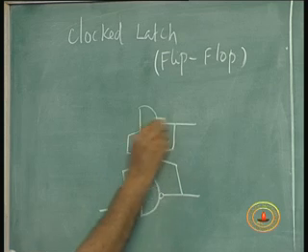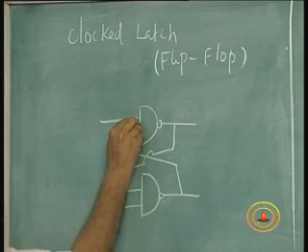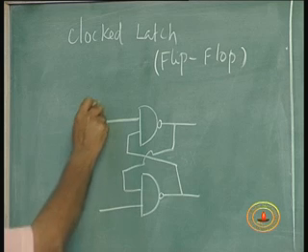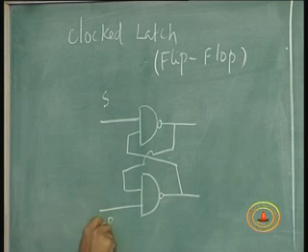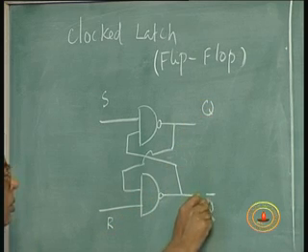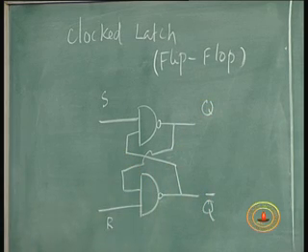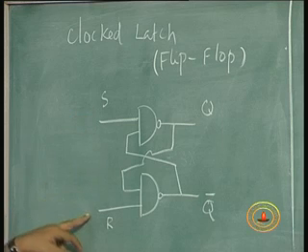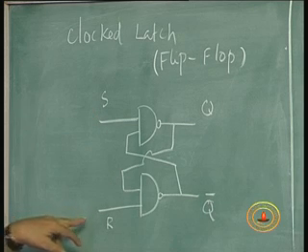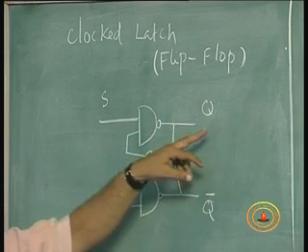this is one of the circuits, we saw two circuits in the last lecture. One of them is this, where this is a set input and a reset input. Of course, in this case, when set is 0 and reset is 1, Q is 1.